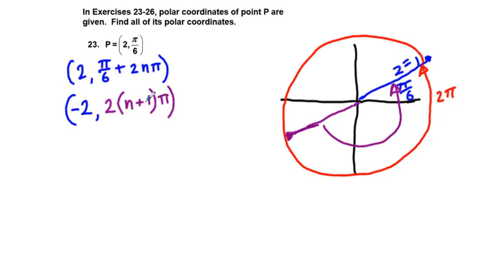So this n plus 1, really, what this does is it makes odd numbers of pi. So if we make n be 0, we would have 2 times 1 times pi, 2 pi.